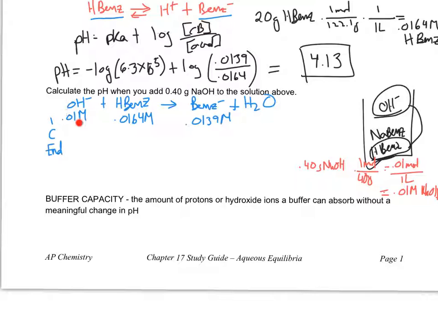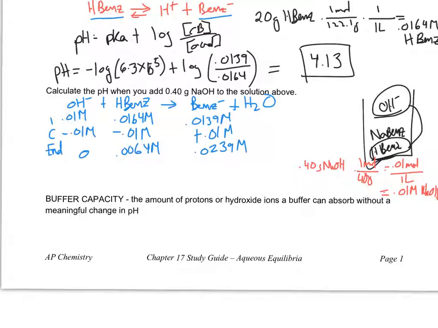So it looks like I have less of my hydroxide, so that's my limiting reactant, so it's going to get used up. So this one is going to be minus 0.01 molar, minus 0.01 molar, and plus 0.01 molar. So at the end, this is going to be 0. This is going to be 0.0064 molar, and this is 0.0239 molar.